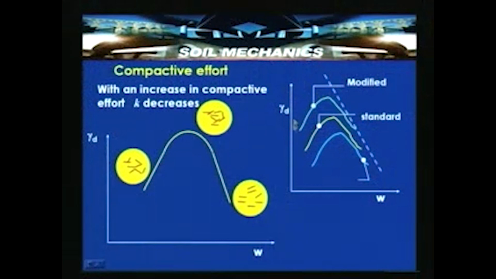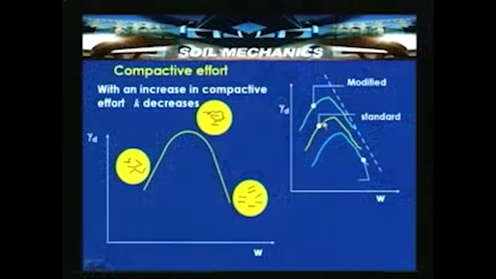If you recall, the variation of gamma d versus water content can be obtained like this. This is for the reduced compaction, this is for standard Proctor compaction, and this is for modified Proctor compaction. With an increase in compaction energy, there will be a decrease in the optimum moisture content, increasing the dry unit weight, and this line is the zero air voids line.